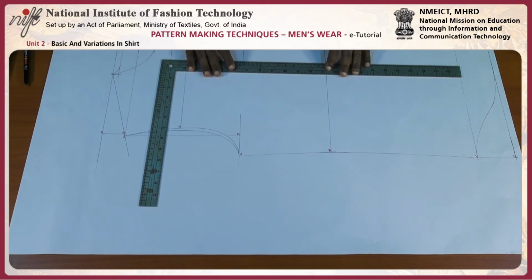Let us start the fifth diagram, which will be with the extension of center front, pocket placement and button placement, then to shoulder, front shoulder overlap.